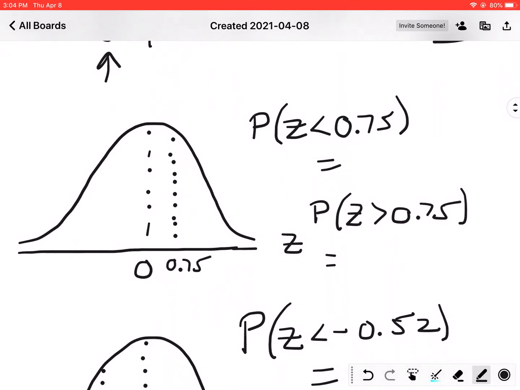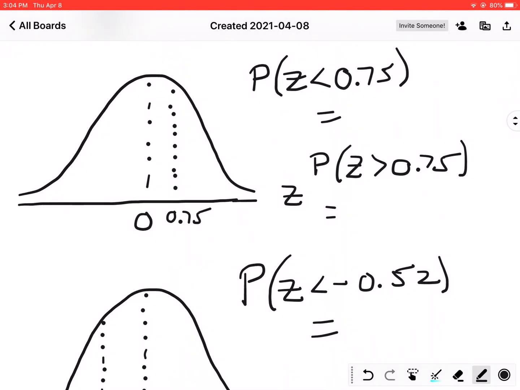Let's go down a bit further and let's look at a different value to make sure that we know where to look up things in the table. So in the table, you want to go to the positive part because we're going to look up 0.75. So go to the row with a 0.7 in front of it, and then go across to where you see the 0.05.